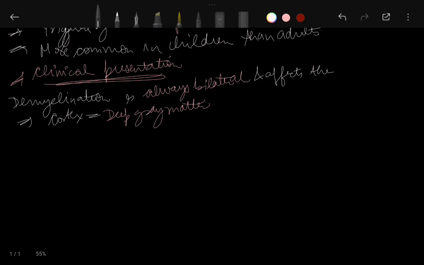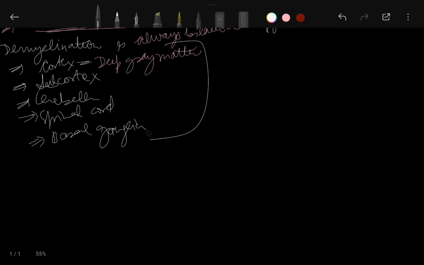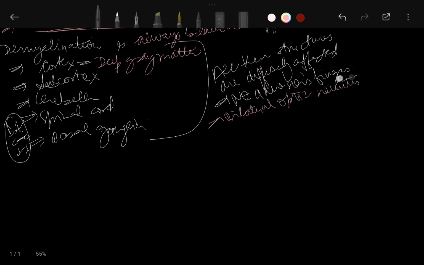The cortex, subcortex, cerebellum, spinal cord, along with the basal ganglia, meaning the whole of these structures, are diffusely affected. Definitely no dorsal fingers are there, and bilateral optic neuritis is seen in this case.